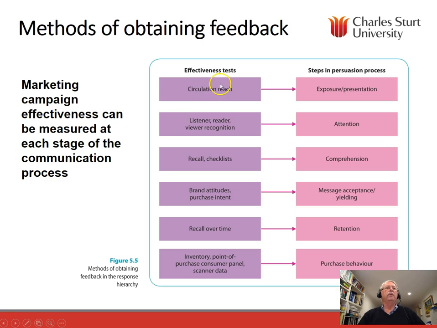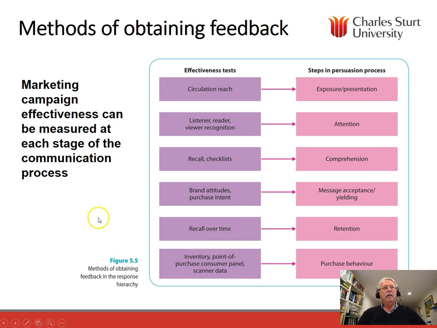So how many people did you actually reach at a particular time? Then when we look at the attention phase, we see listener, reader, viewer recognition. Comprehension, we're talking about recall and checklists. With message acceptance and yielding, we're talking about brand attitudes and purchase intent. With retention, we're talking about recall over time, and with purchase behavior, we're talking about inventory, point of purchase, consumer panel, scanner data, etc., and actual sales data.